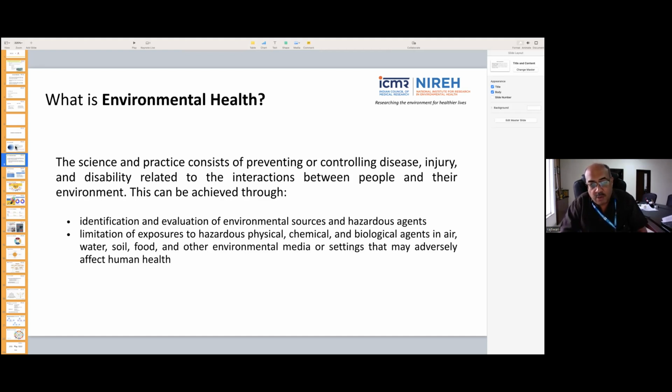These environmental sources can be in any form: physical, chemical, or biological, and may be present in any of the media, water, soil, air, or any other. So they have the potential to affect human health. And so our focus is to limit the exposure to human beings and thereby prevent the deterioration in health.